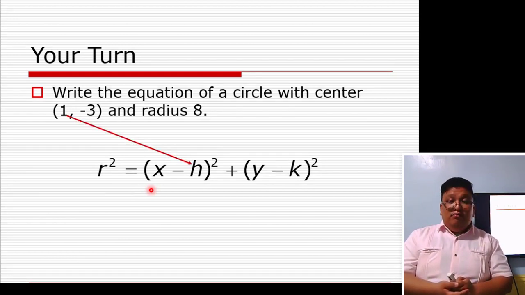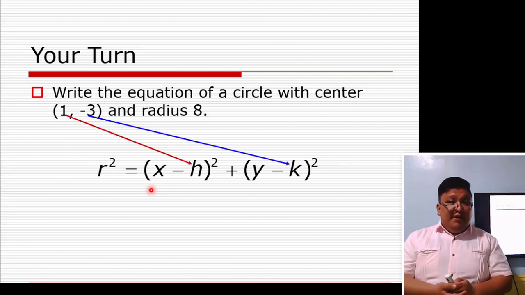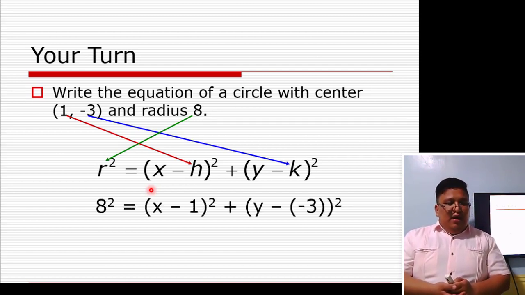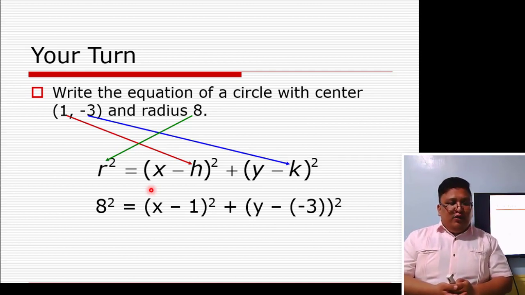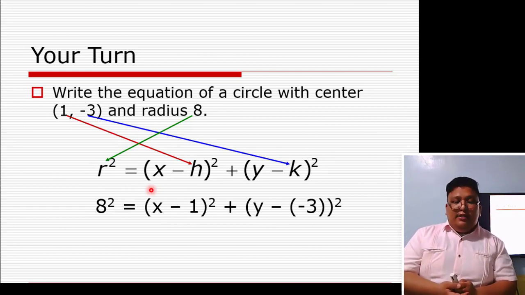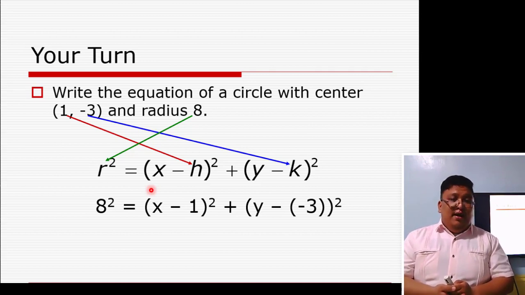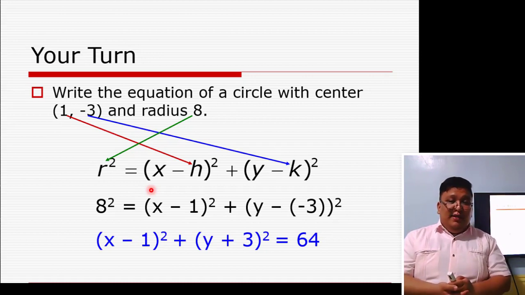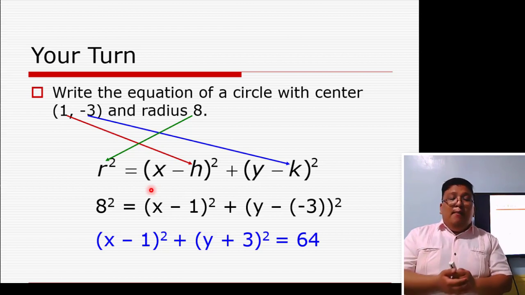Our h is 1, our k is negative 3, and our 8 is our r. Okay, resulting to 8 squared is equal to (x minus 1) squared plus (y minus negative 3) squared. Then simplify it. Therefore, the equation of the circle will be (x minus 1) squared plus (y plus 3) squared is equal to 64.